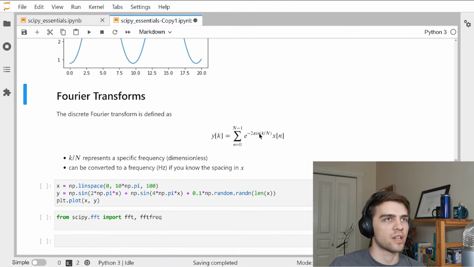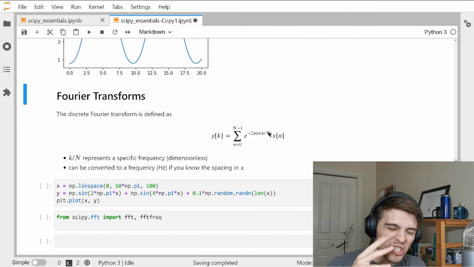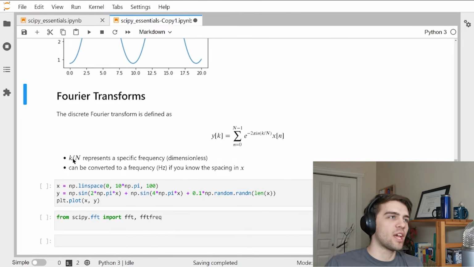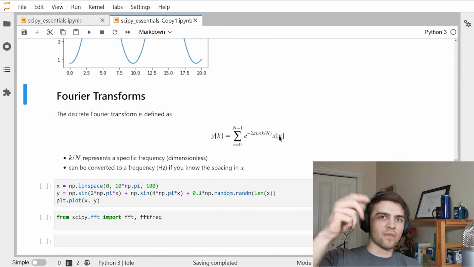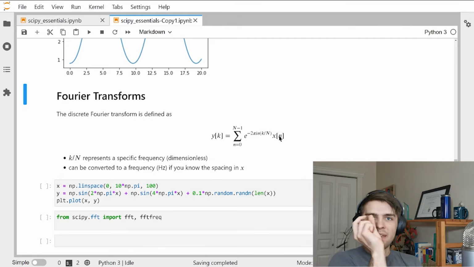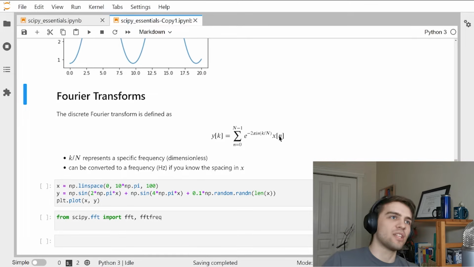That always comes with the Fourier transform. n is the variable that's being summed over, and k divided by capital N is like the frequency. It's like a dimensionless frequency, right? Now, if you know what the spacing in x is, because if I just give you values of x for a time series, if you know what the spacing in x is, then you can compute what the dimensions of these frequencies are.